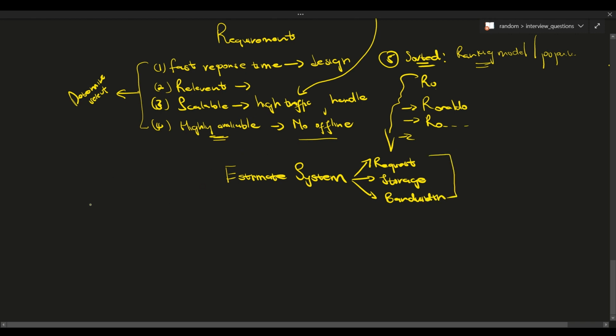For the requests, we want to answer the question: what is the queries per second? How many requests is the user going to make every second? We said that we have 10 million daily active users.